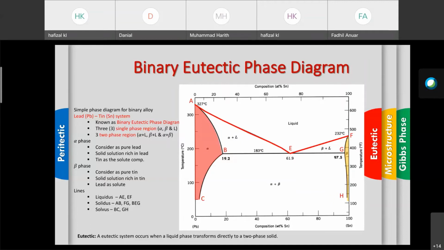The solvus lines are BC and also this line, GH. The solvus line is the borderline between the single solid phase alpha and the region of two solid phases, alpha plus beta.